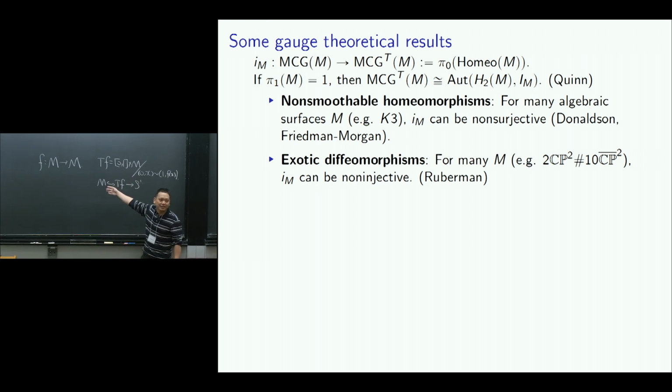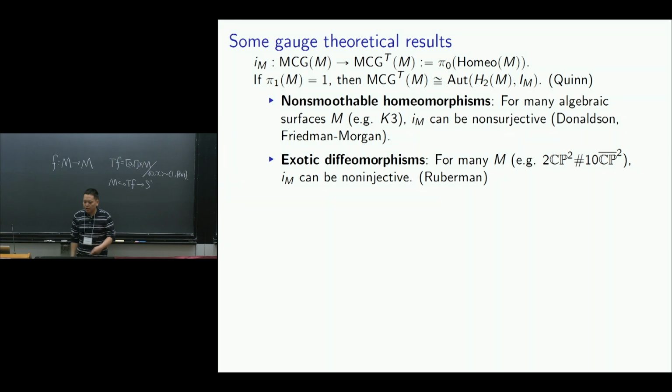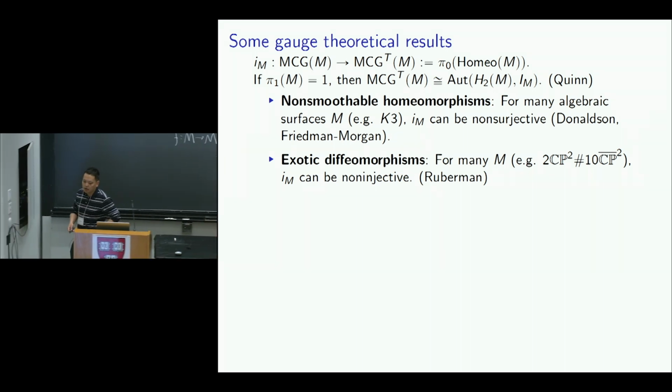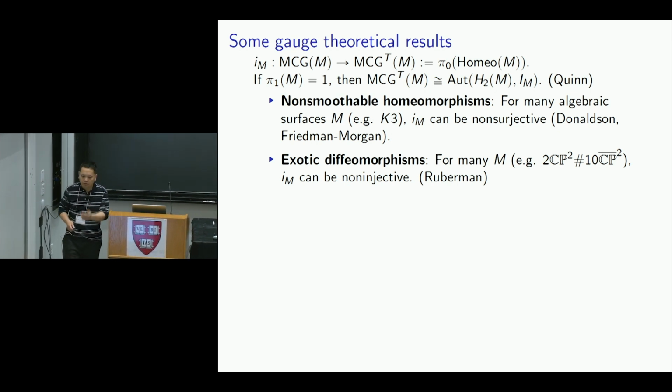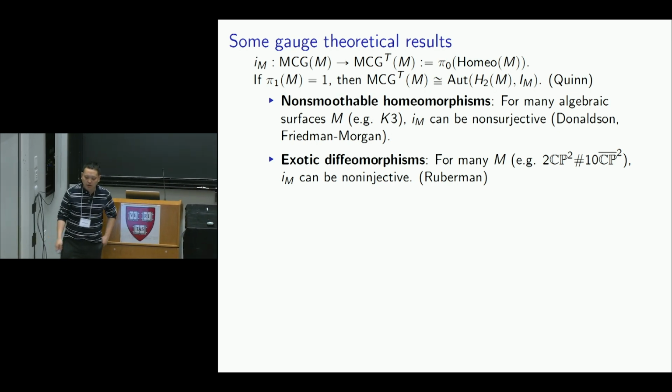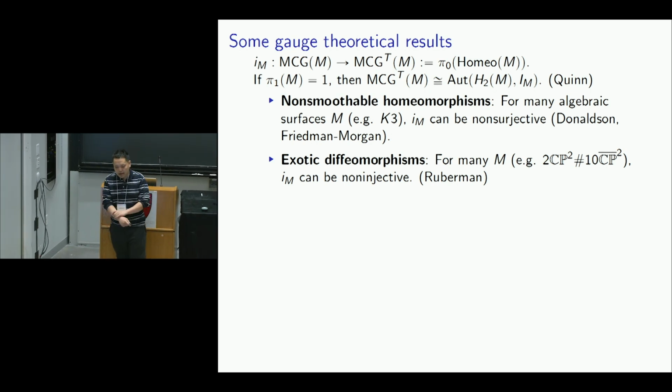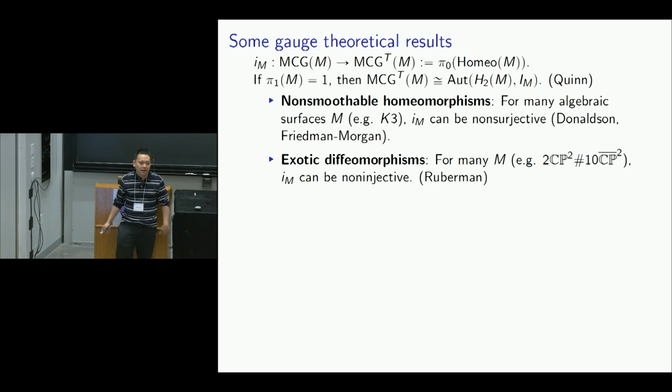You treat it as a whole family of 4-manifolds parameterized by a circle, and you can compute either the Donaldson invariant or the Seiberg-Witten invariant, and conclude that this family is non-trivial in many cases. Then you compare with Quinn's result and conclude that there are many exotic diffeomorphisms on this kind of connected sums.